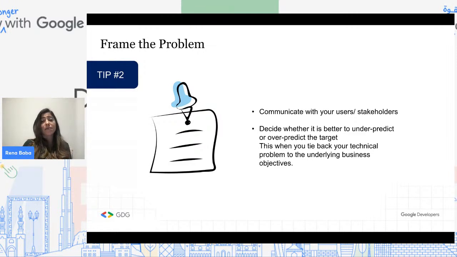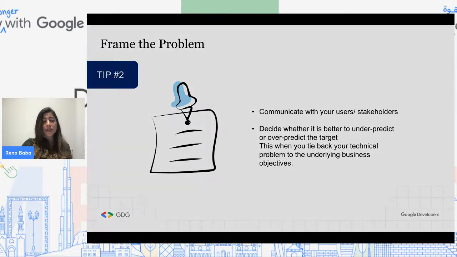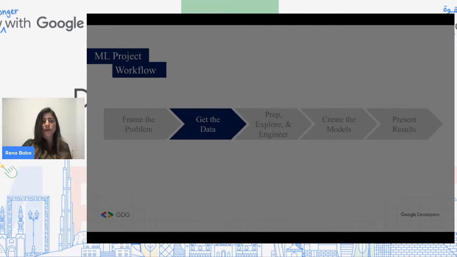That means precision is probably preferred. So that is the main takeaway, and you need to decide whether it's better to under predict or over predict the target. And that's basically the first section, which is framing the problem and choosing evaluation metrics.